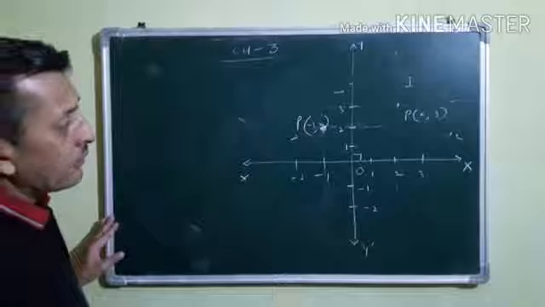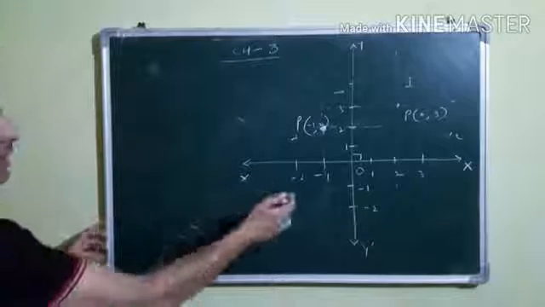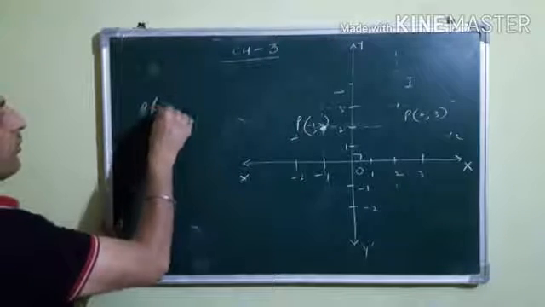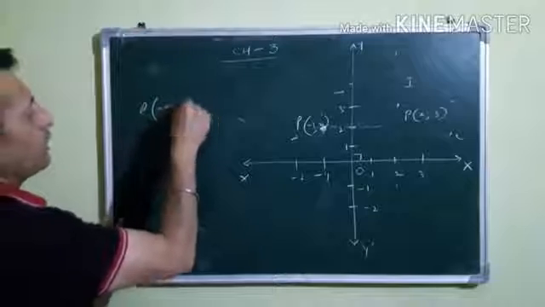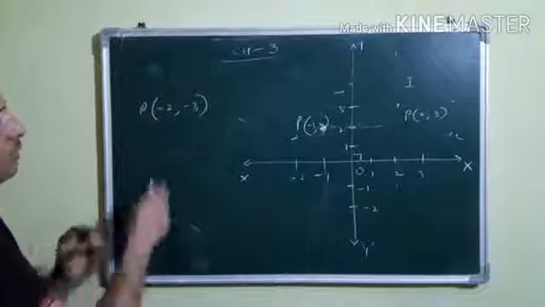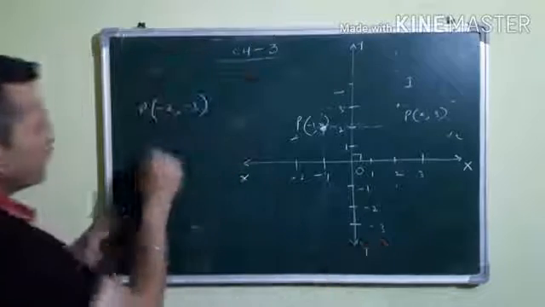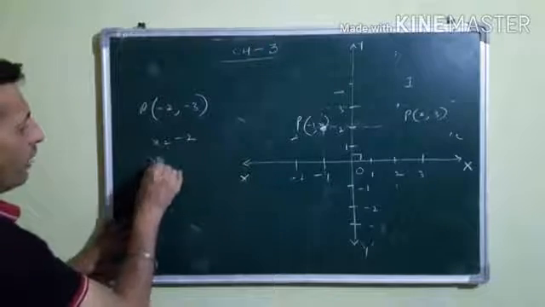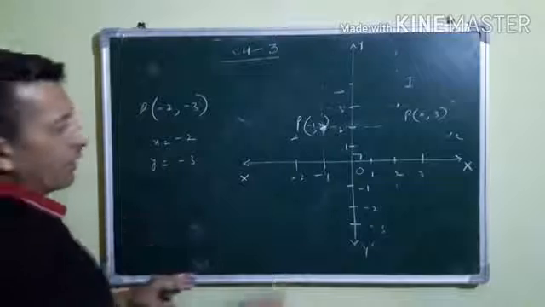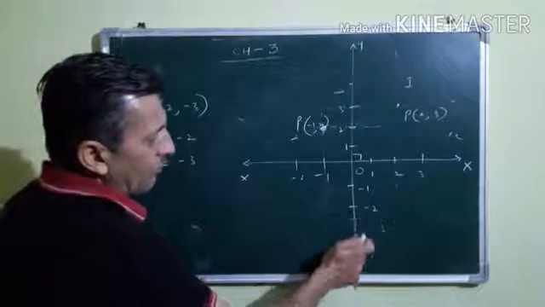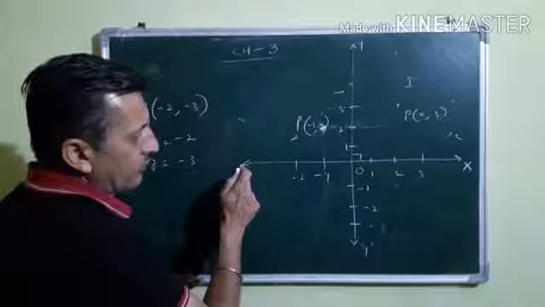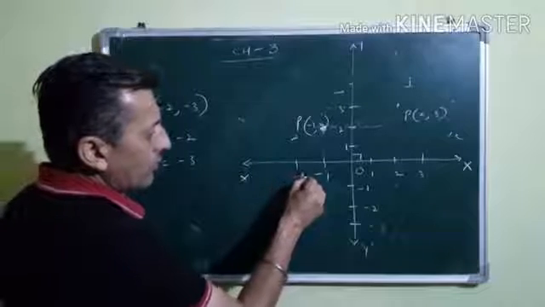Then similarly you can draw another point in the third quadrant. Suppose you are given minus 2 and minus 3. In this case you have to take x is equal to minus 2 and y is equal to minus 3. So here x is equal to minus 2 and this is y is equal to minus 3. On this side y is negative, on this side x is negative.